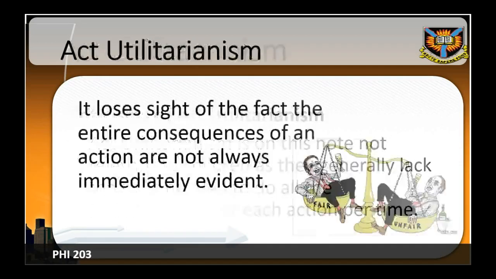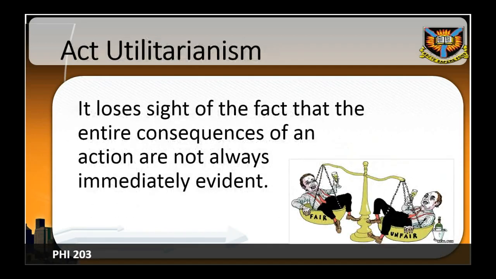3. Another problem with act utilitarianism is that it loses sight of the fact that the entire consequences of an action are not always immediately evident. Going back to the example of Alehiri cited earlier, part of the short-term consequences might be that if she aborts the pregnancy, she will be free to go back to school in order to complete a degree program.